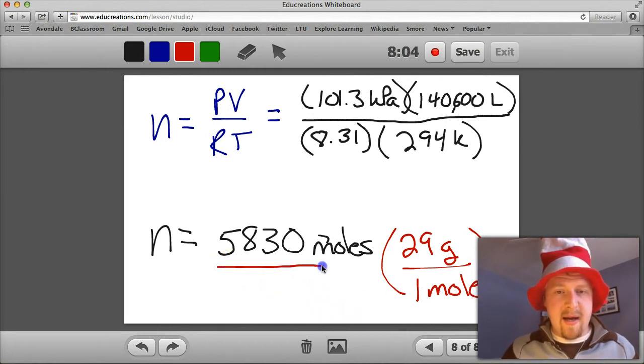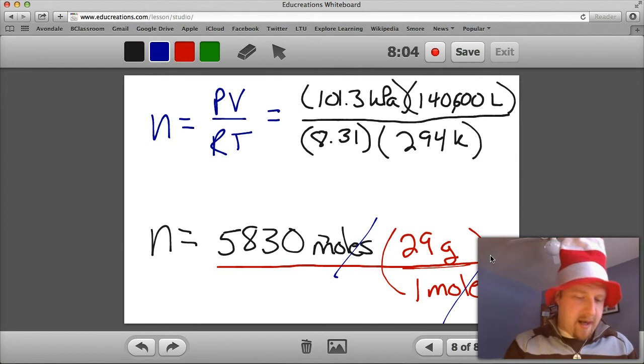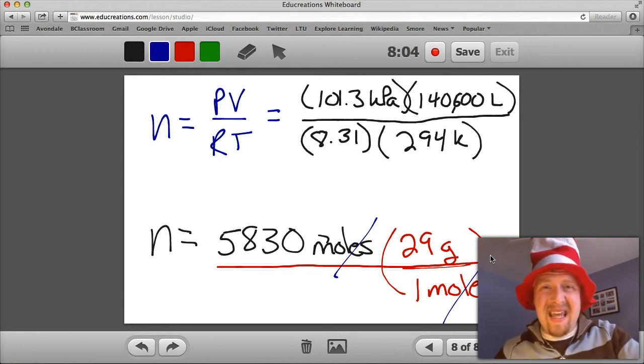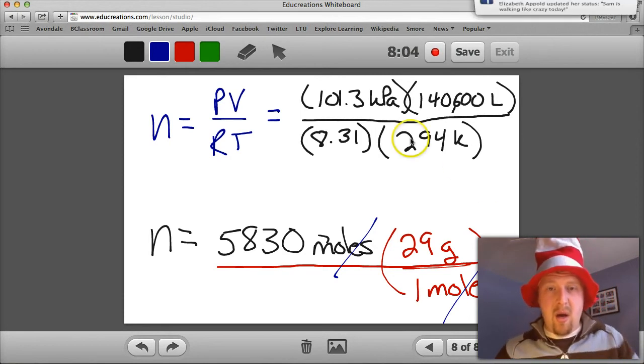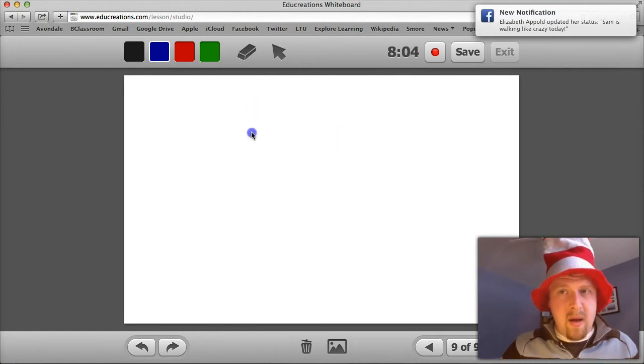Okay, and if we set this up, our moles will cancel, and we'll be left with grams. Gives us almost 170,000 grams, or 169 kilograms.